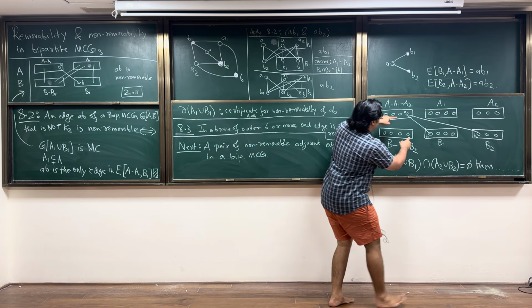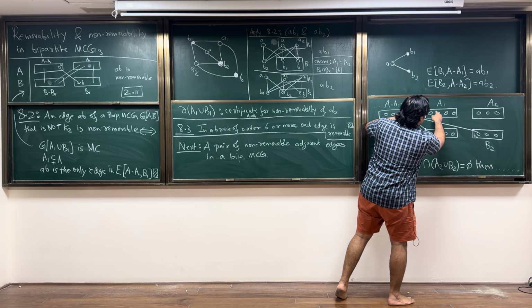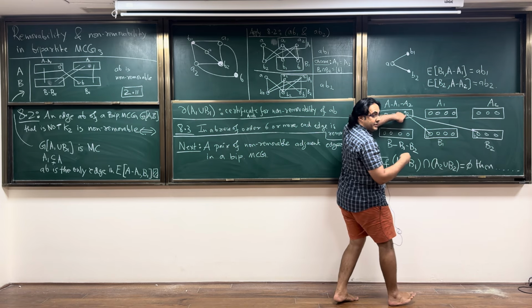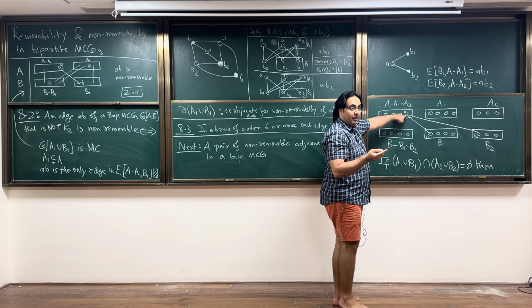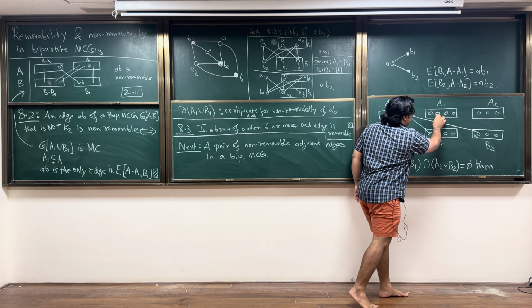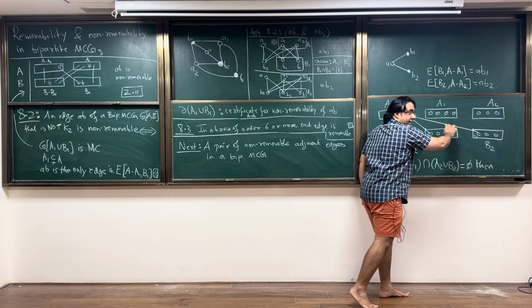If I remove this edge, then any edge that has one end in A1 and the other end outside will stop being matchable. Remember, the whole graph is matching covered. Definitely there are edges from A1 that go to somewhere else outside this set.